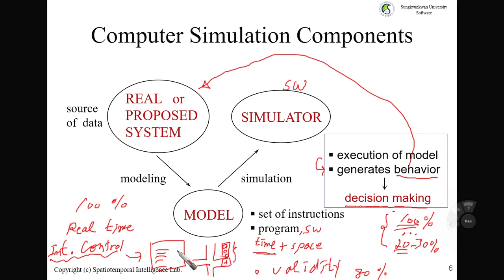If the simulation model generates certain behavior, that means a certain simulation result, then this traffic light controller has to accept the result 100%. The validity is 100% in this case, because the human cannot intervene.